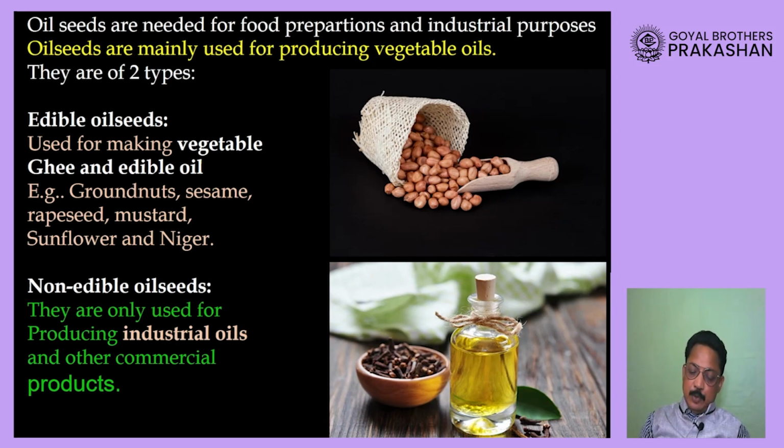So we have two categories. Edible means the oil will be utilized in food preparations, and non-edible, the oil will basically be used for industrial purposes, for making lubricants or soap, maybe cosmetics also.